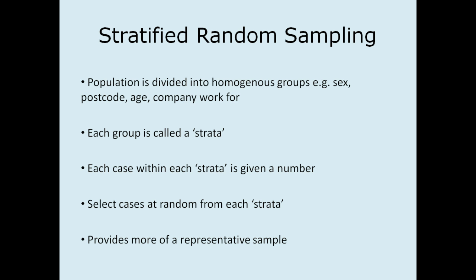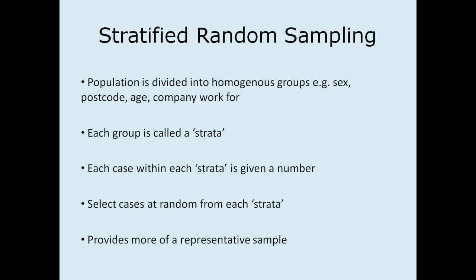Now in this one, each group of companies or people is called a strata, which makes it a bit more complicated. Each case within each strata is then given a number. So imagine you've got a whole population divided into lots of different groups. Within each group, which they call a strata, we give each person a number, and then we select cases at random from each strata.